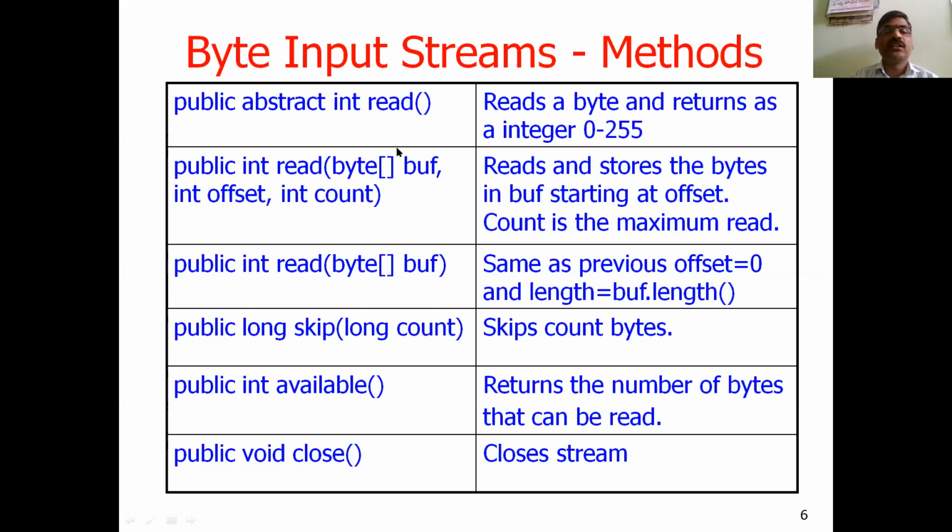It takes a byte array as one parameter, another parameter is offset, and the third parameter is count. So the difference between these 2 read methods: the first read method is used for reading a single byte at a time. The second type of read method is used to read a group of bytes.